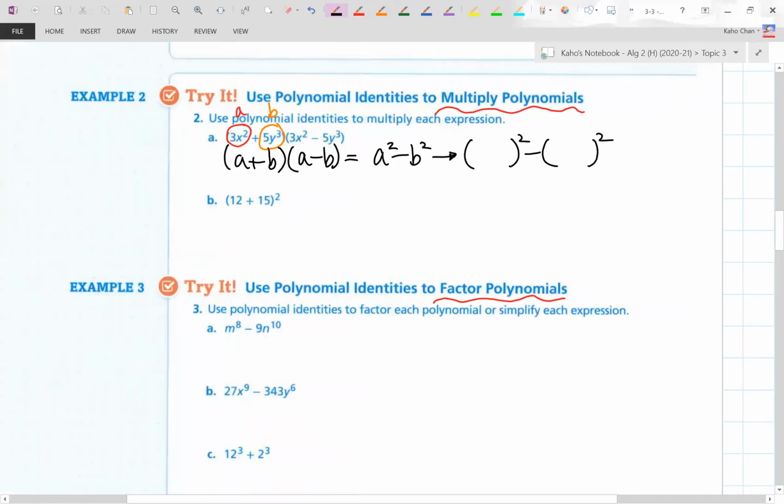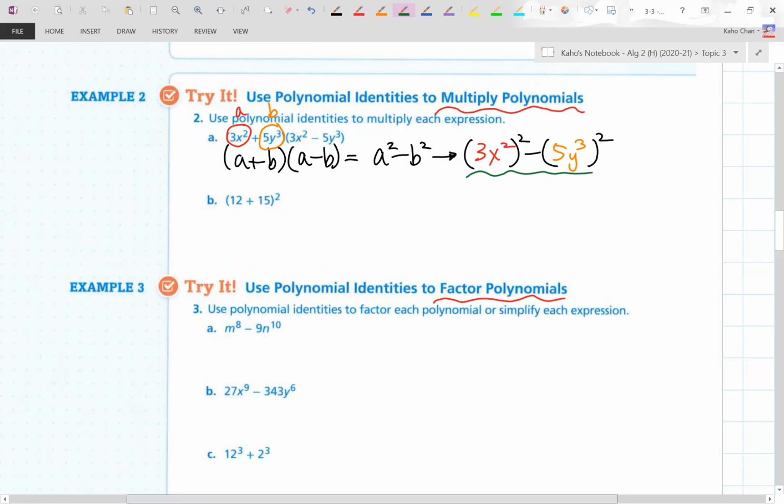Now, it's not going to save you time all the time, but here we go. All we have to do is basically put it into the spots. I mean, if you didn't know this particular pattern, nothing stops you from actually foiling 3x squared plus 5y cubed with its conjugate. But knowing the pattern, we're just going to literally throw those in. 3x squared right there, and 5y cubed right there, and just simplify this part, and we're done.